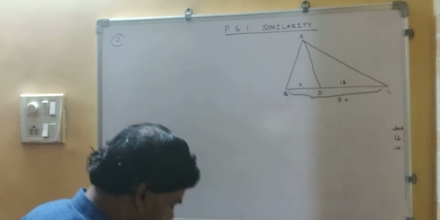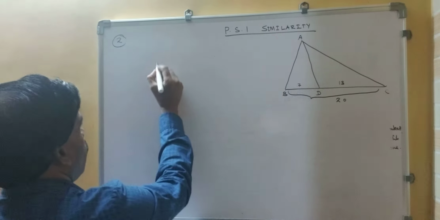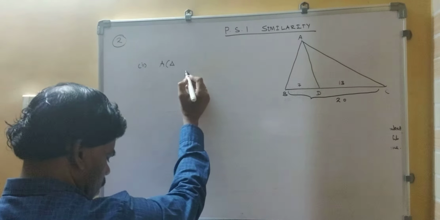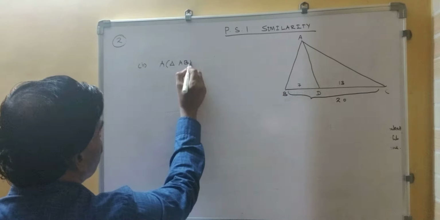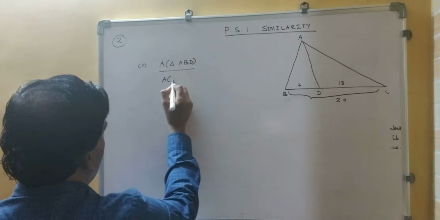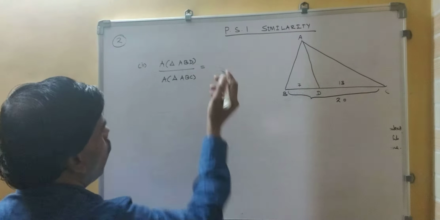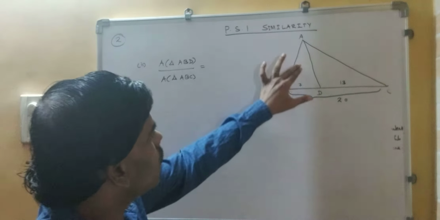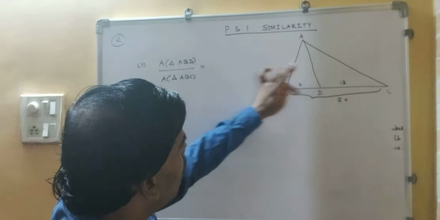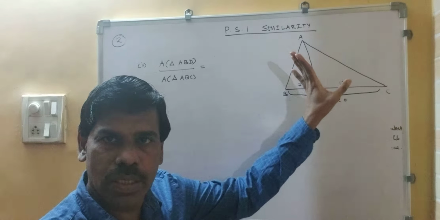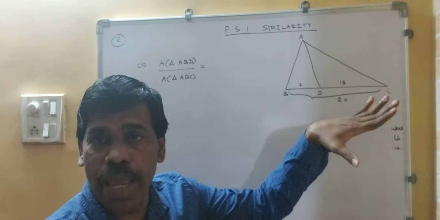Now, the second one: area of triangle ABD upon area of triangle ABC. This triangle ABD and the bigger triangle have the common vertex as well as their bases on the same line.